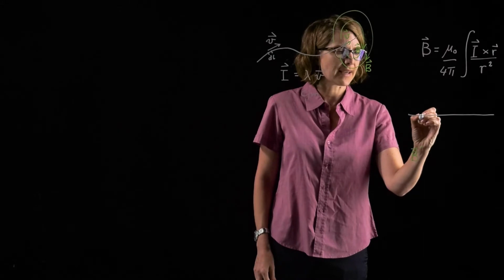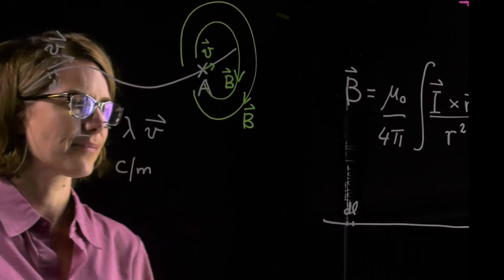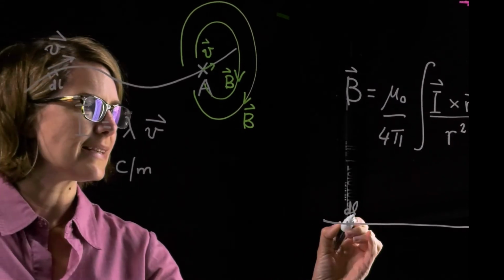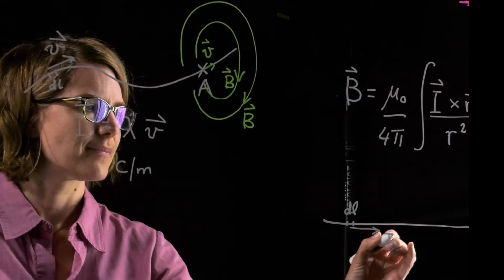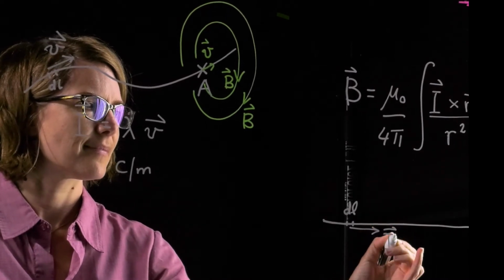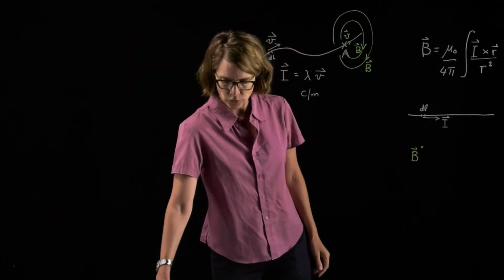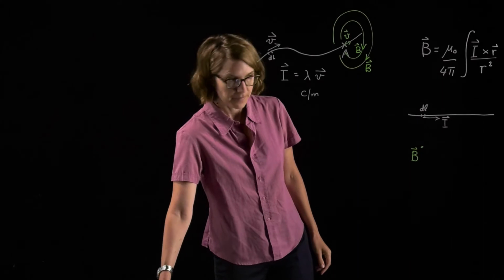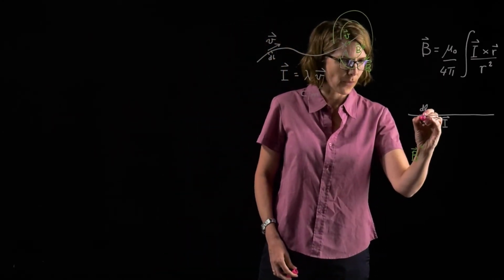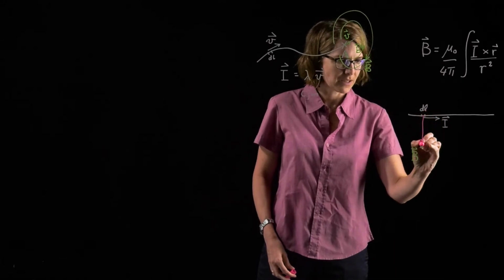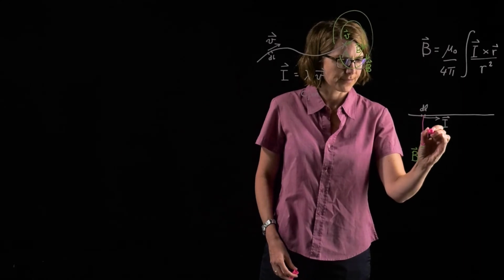Each time we take a small length of that wire, dl, we find the current at that point, and we take the cross product with the position vector, which starts from our element and goes to the position of interest.